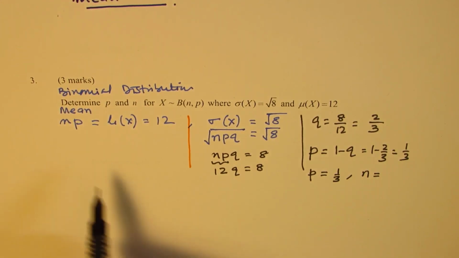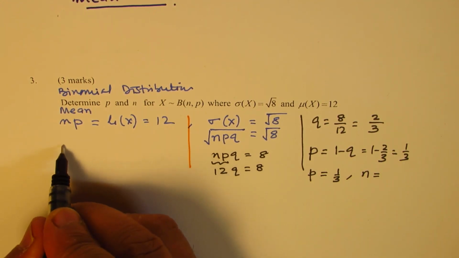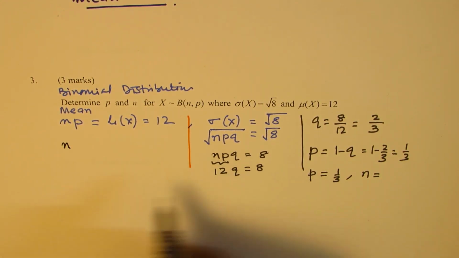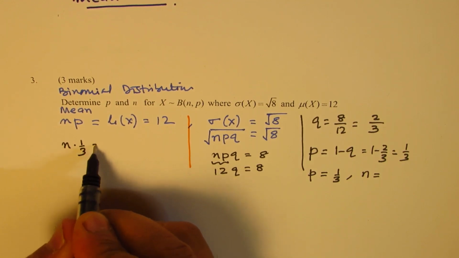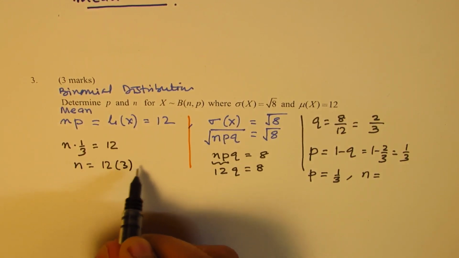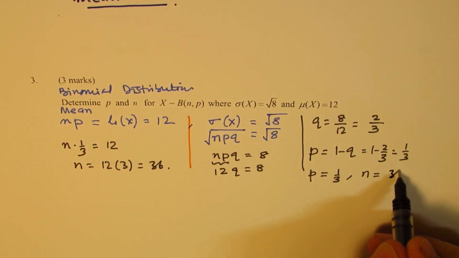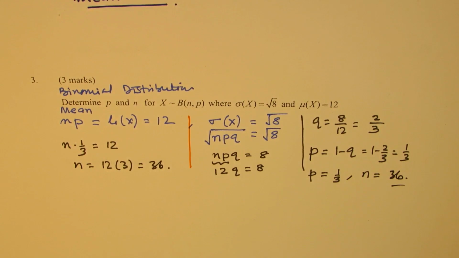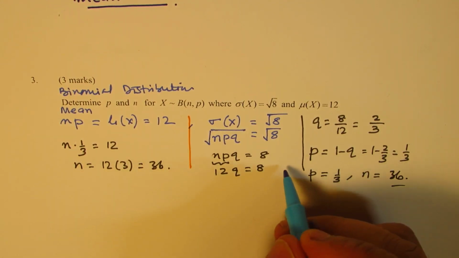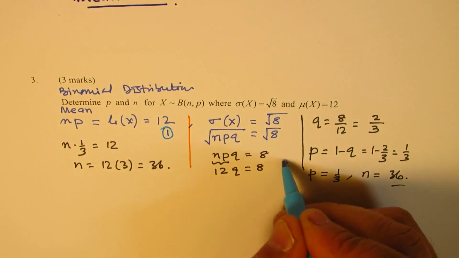So we get P is equal to 1 over 3, but we didn't find N. Okay, so we'll get back to our first equation, which is N times P, which is 1 over 3, is 12. So N is equal to 12 times 3, or 36, right? So we get N equals 36, correct? Let me write this as our equation number 1, and this is equation number 2.